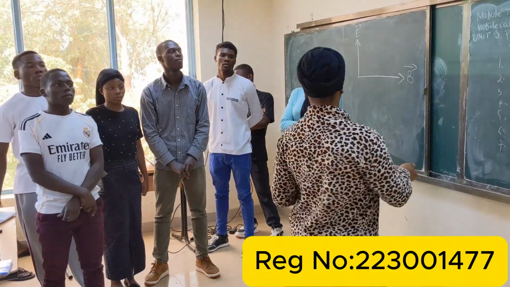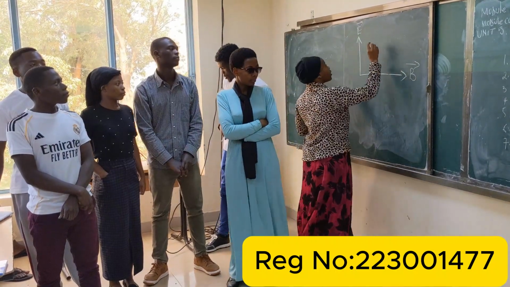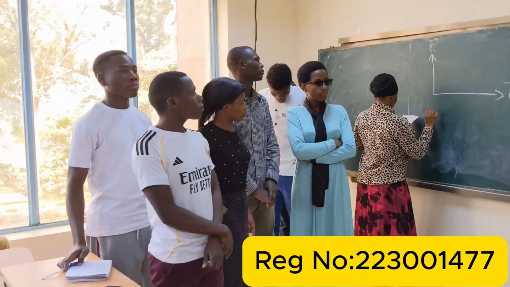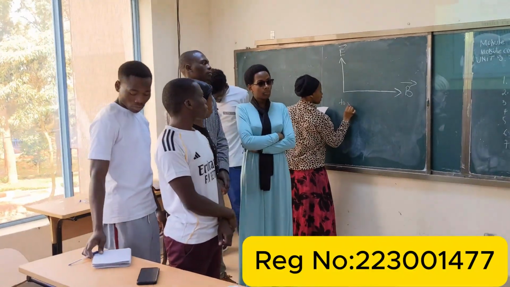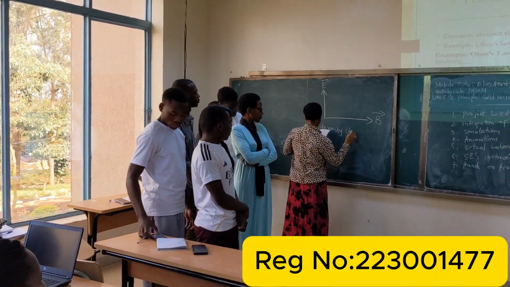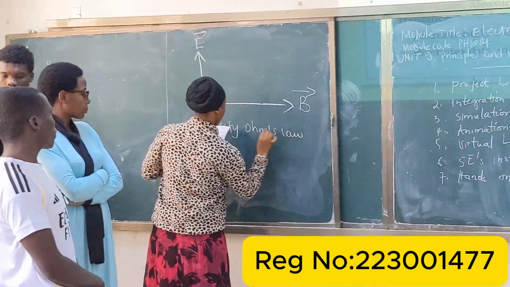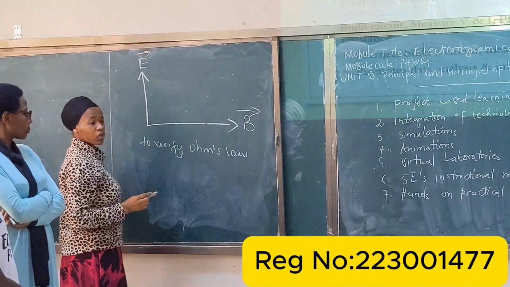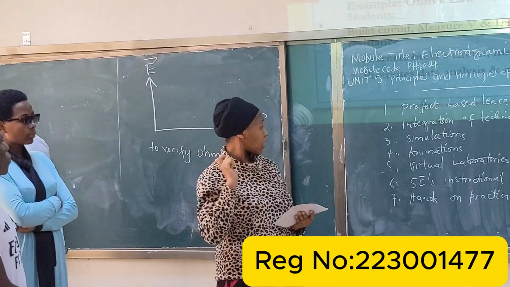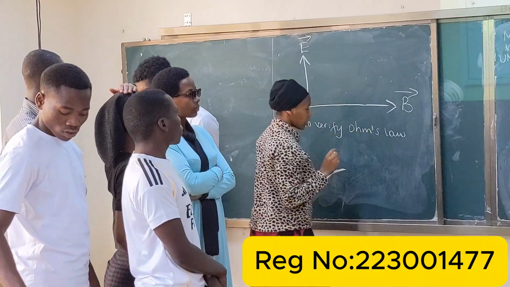For example, in labs, students may work on an experiment to verify Ohm's law, which says that voltage is directly proportional to the current, with the constant being resistance.